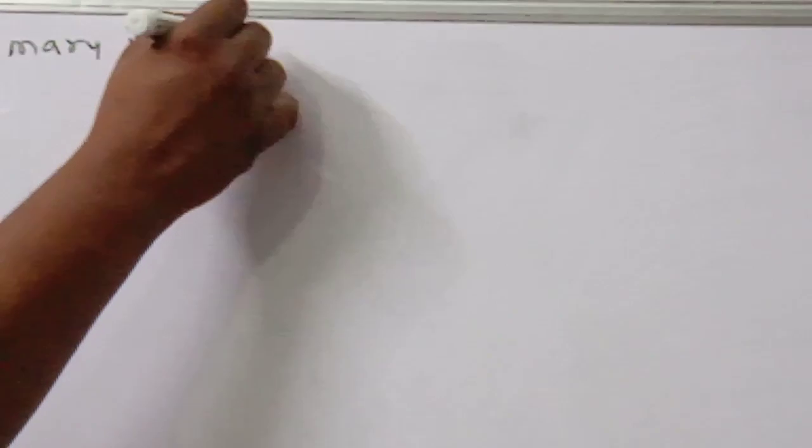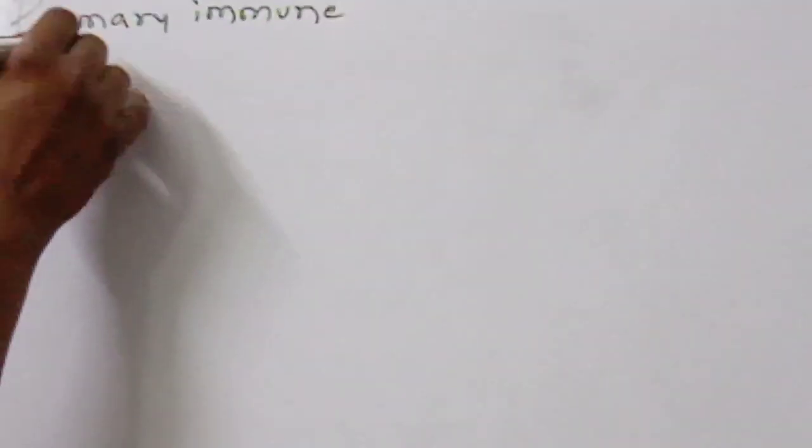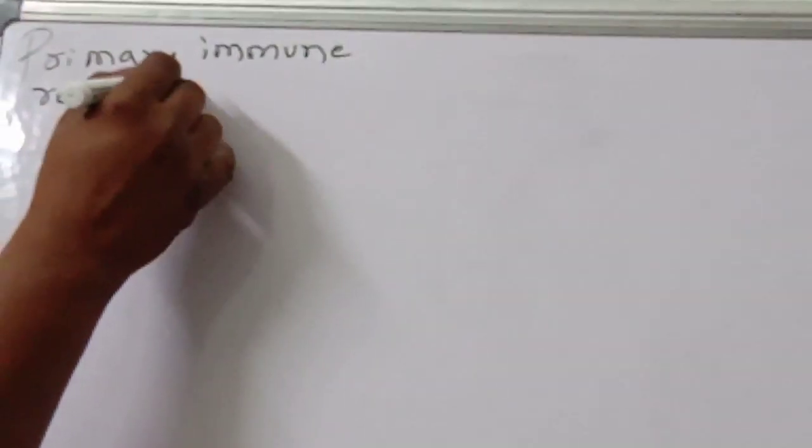Primary immune response. What is called primary immune response? Primary immune response occurs when a pathogen comes in contact with the immune system for the first time.